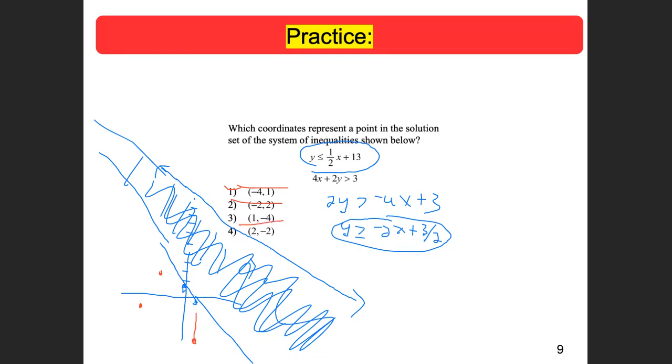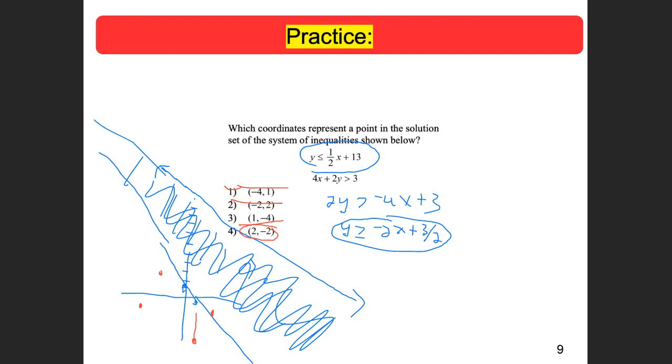That doesn't look like it's going to be in there. And then 2, -2, oh boy. That's the only one that, to me, looks like it would be right, but again, my graphs are so off, it's not even funny, because you're way up at 13 here. That's a crazy number to be at. So I'm not 100% sure, so I'm going to plug it in.